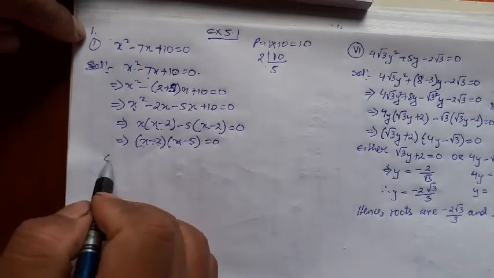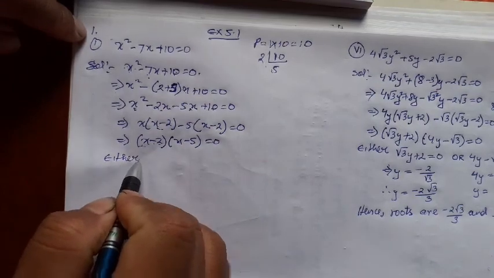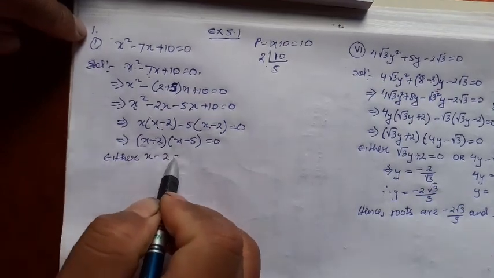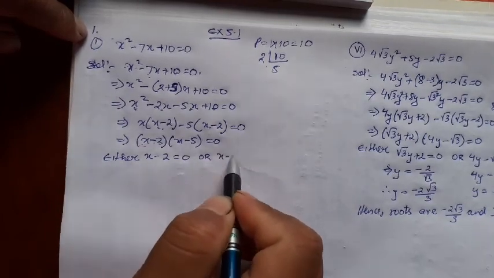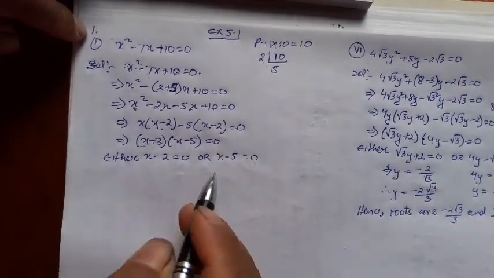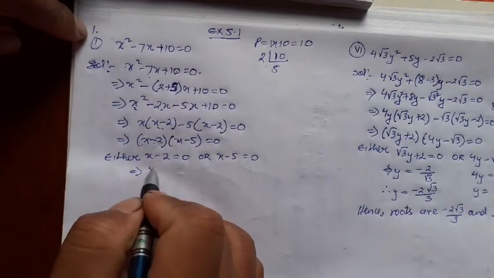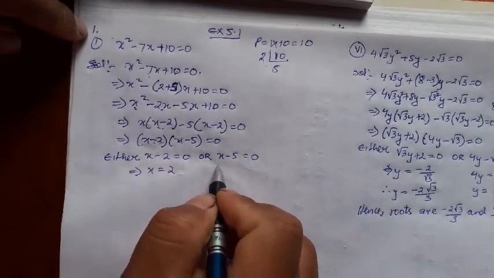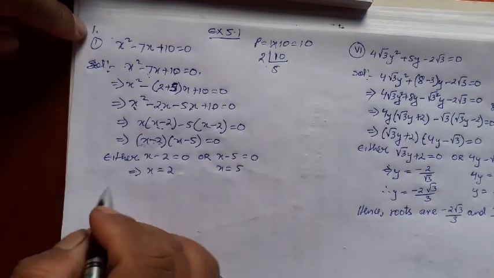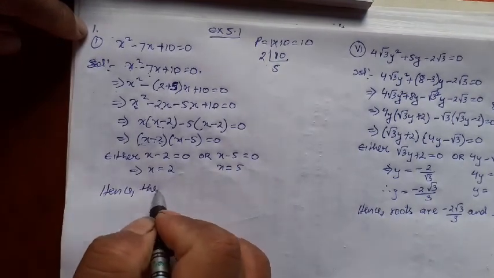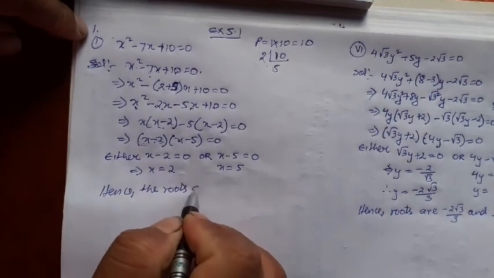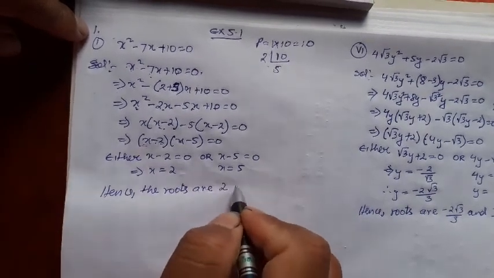By corollary number 6, one of the numbers will be 0. Maybe x minus 2 equals 0 or x minus 5 equals 0. This implies x equals 2 or x equals 5. Hence, the roots are 2 and 5.